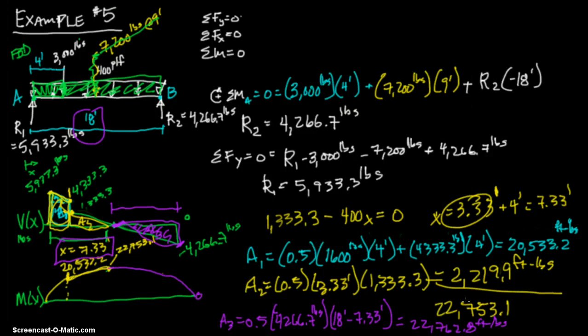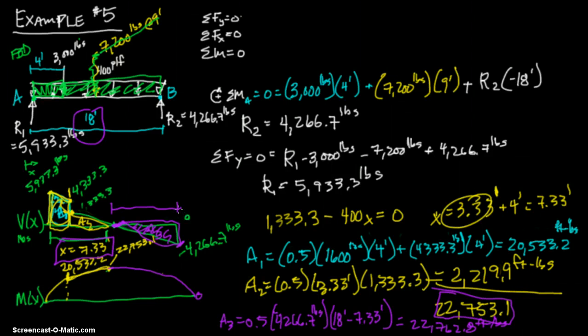And it will be perfect. You will come out with 0 where you want it. But for all intents and purposes, we're good, and we just say, okay, our maximum moment is 22.8 foot kips. I'll just say 22.8 foot kips and call it good.